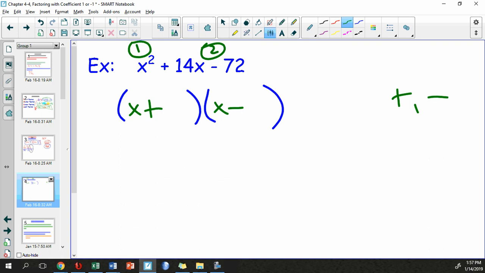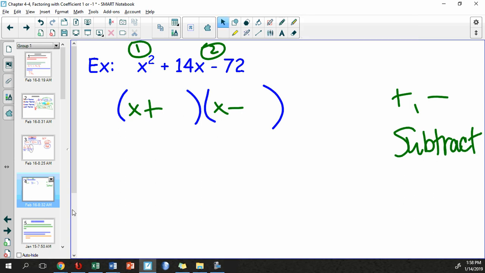Now, in the previous examples, my signs were the same, and I added. In this example, my signs are opposite, so what do you think I should do? The opposite of same is opposite, right? Different. So if the signs are different, I'm going to do the opposite of addition, which would be, very good, subtract. So I'm going to subtract my factors. Do we all understand that? Now, here's the kicker.